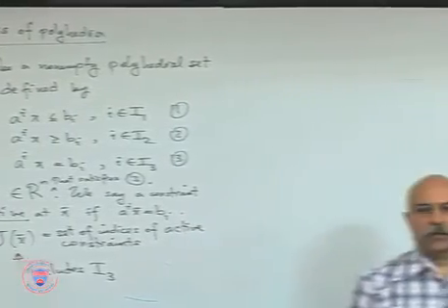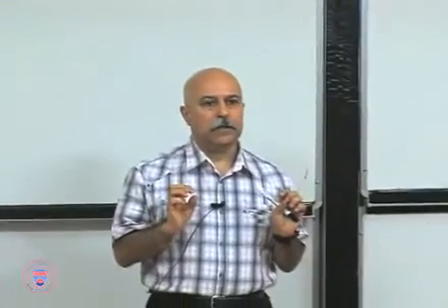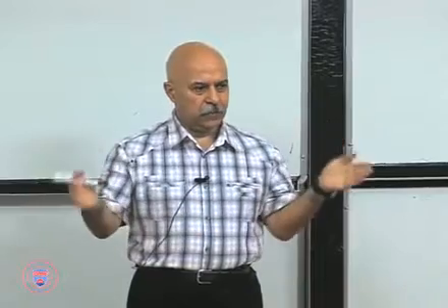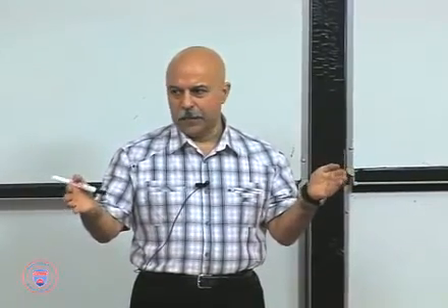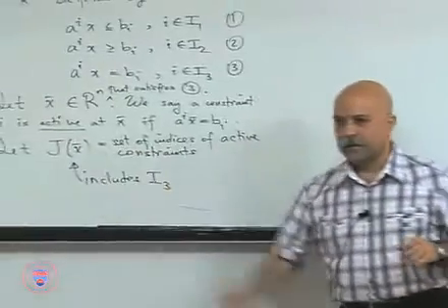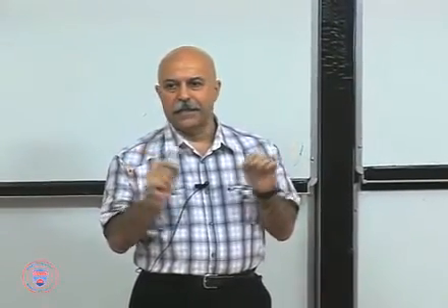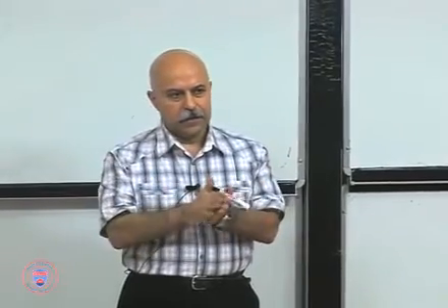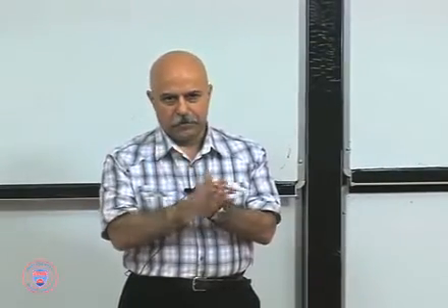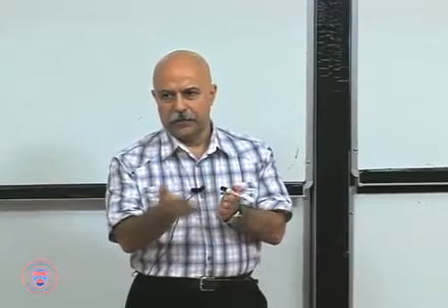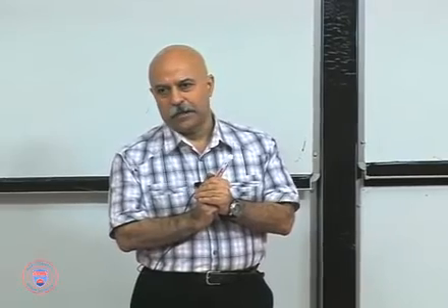When you look at this collection of constraints, the active ones, if you look at the normals of these constraints, the a_i's, if you put them in a set, then you have finitely many, which is the same in number as there are elements in J of x bar. If this set contains n linearly independent a_i in it, then the intersection of these equalities corresponding to the active ones will normally give you a unique solution, and that unique solution will be your extreme point solution.